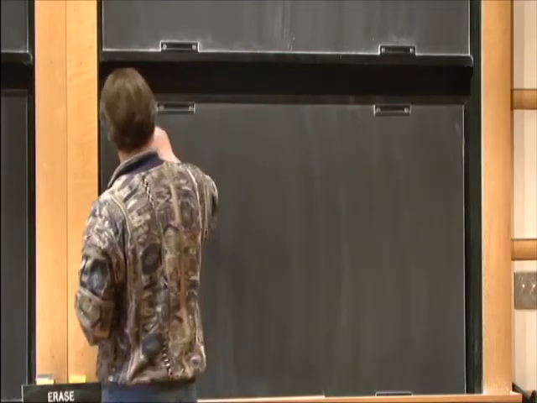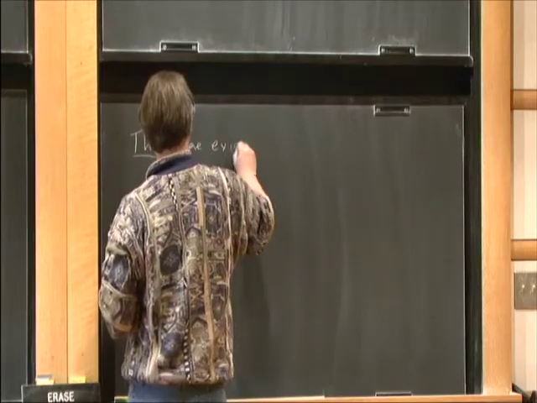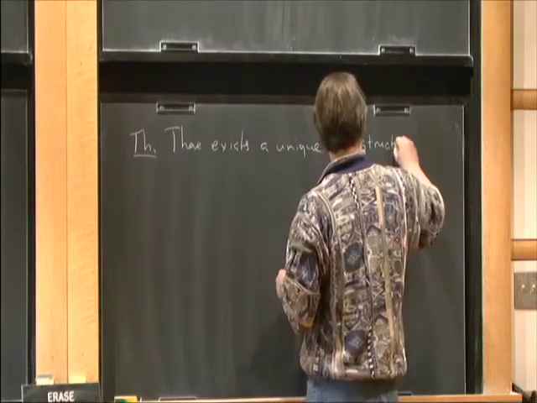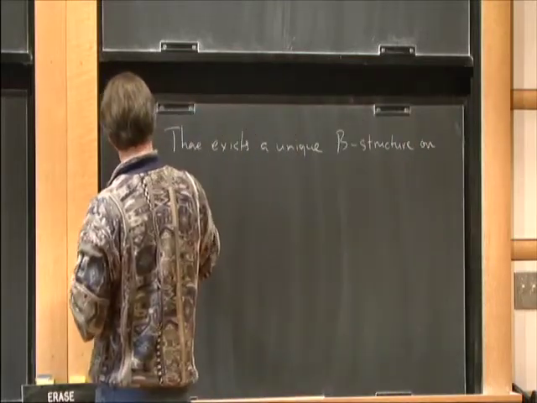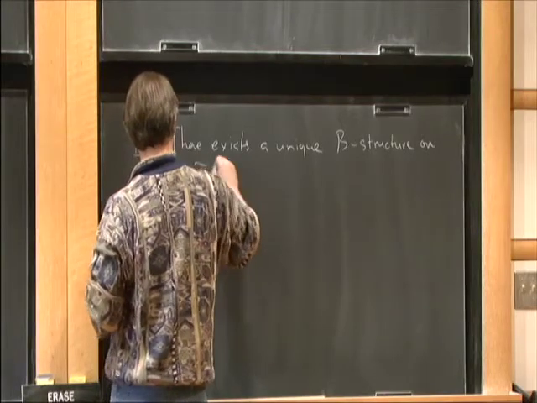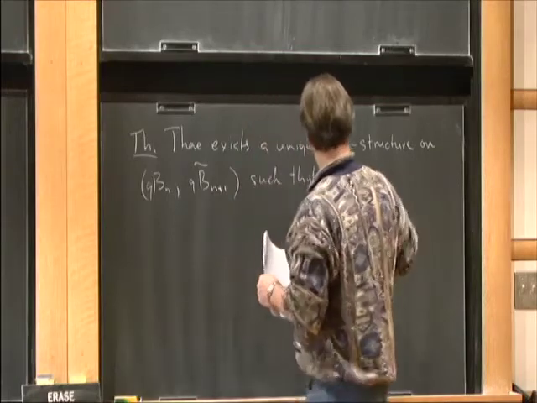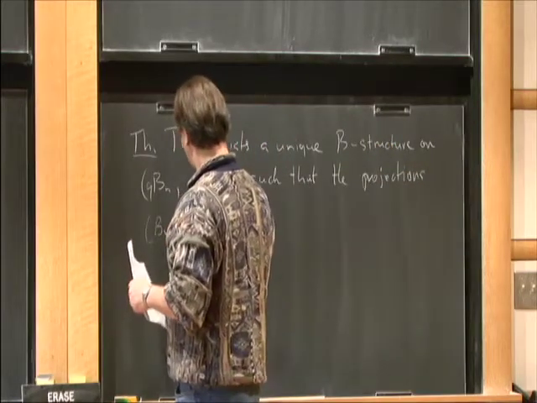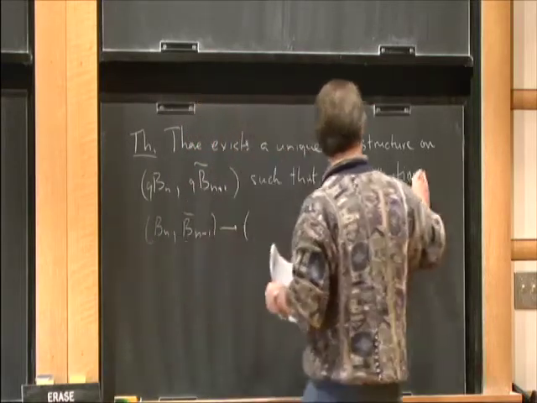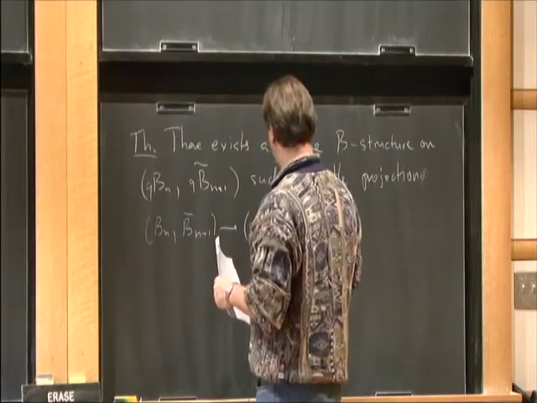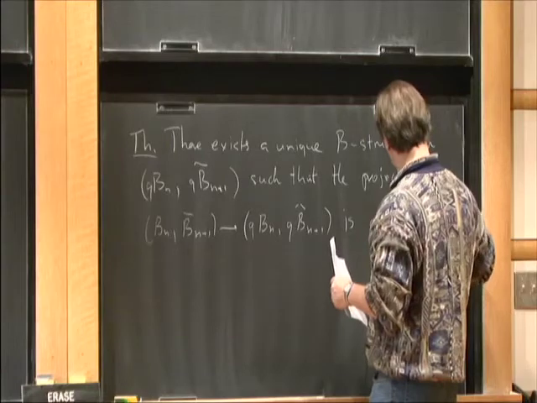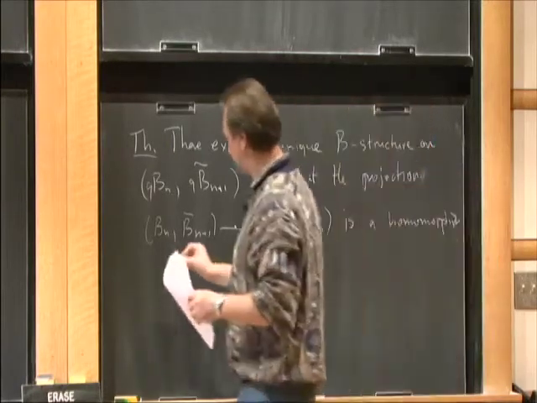Yeah. So the theorem: there exists a unique B structure on the collection of sets QBn, QB n plus 1 tilde such that the projections Bn to QBn, B n plus 1 tilde to QB n plus 1 tilde are homomorphisms of B systems.